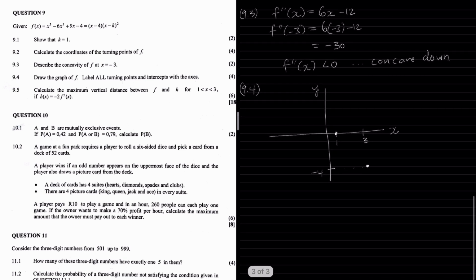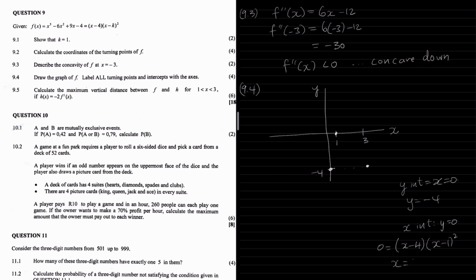The y-intercept, you solve when x is 0. So my y-intercept will be negative 4. And then to solve for the x-intercept, y should be 0. So if we have our equation 0 is equal to (x minus 4) and then (x minus 1) all squared, we know that x will equal 1 or x will equal 4.